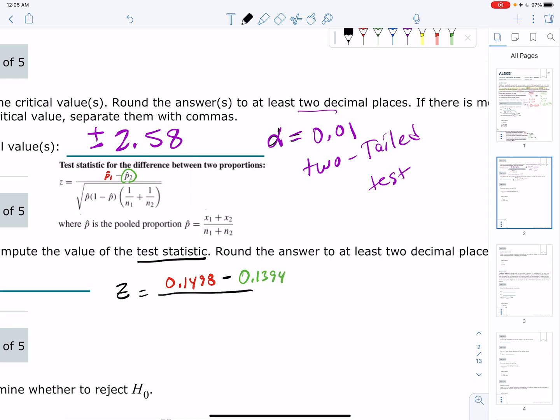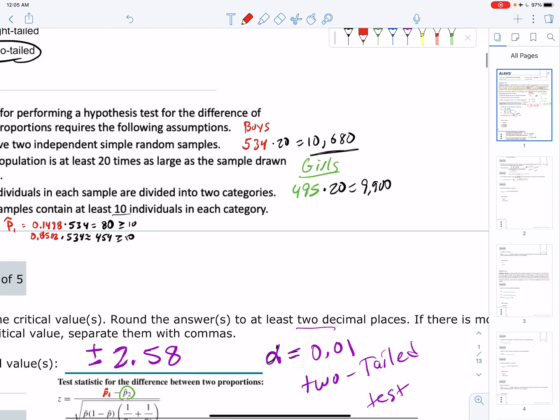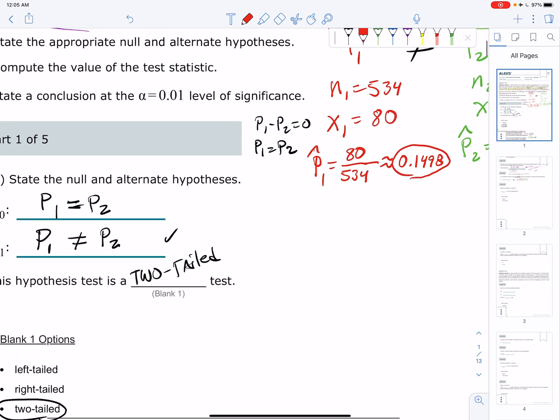All right. Now it says that I need to take my p hat, and this is pooled. So this is this piece right here. And how do we get that? Well, it's not too bad, but I think we better do the work right here. The way you get that is you take x sub 1 plus x sub 2. What was x sub 1? Well, it was those overweight boys.